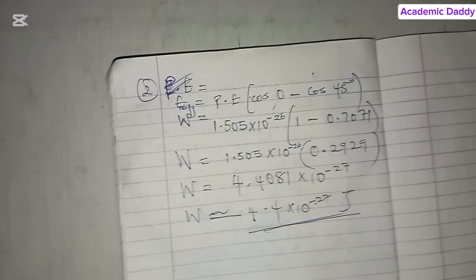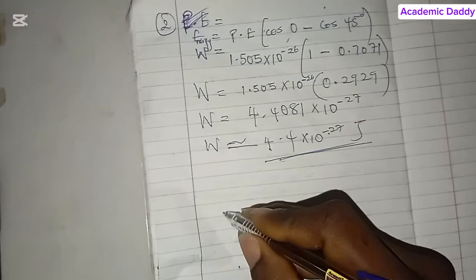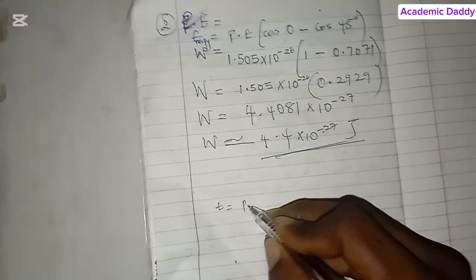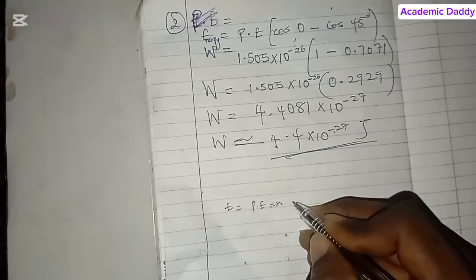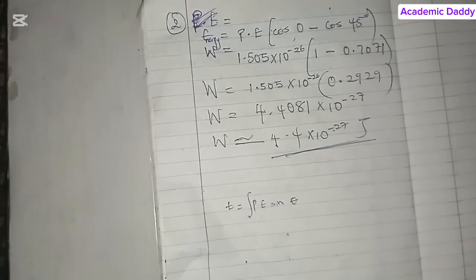And you need to know something. If you don't want to do it this way, you can say that torque naturally will be equal to PE sine theta, and take the integral of that.